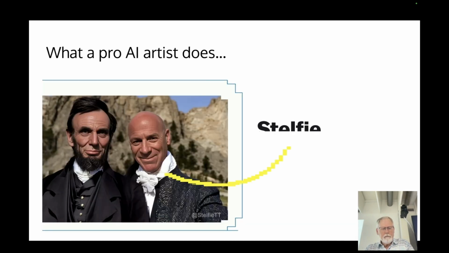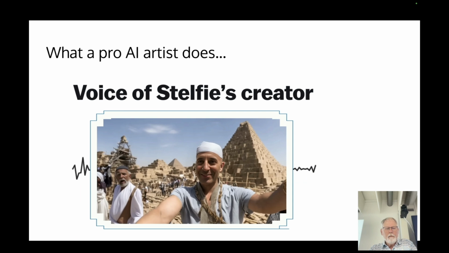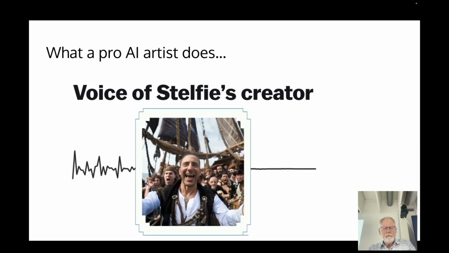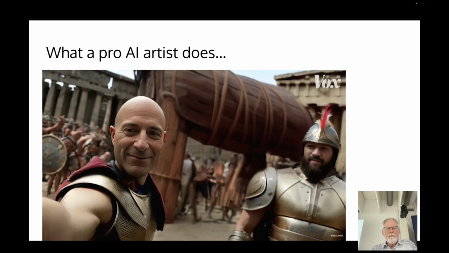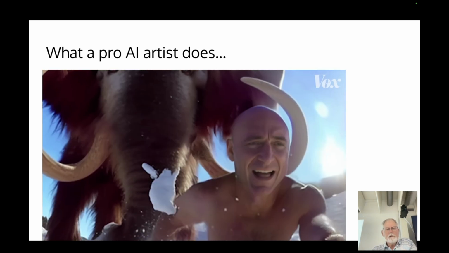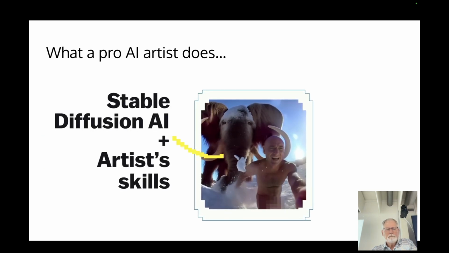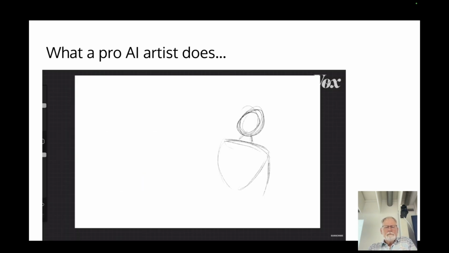Stealthy is a very funny and very clumsy dude. He time travels and has the most incredible adventure. And he is sort of an alter ego of myself, although physically we are completely different. Originally, I started this project as a way to showcase the potential of Stable Diffusion combined with good artist skills.